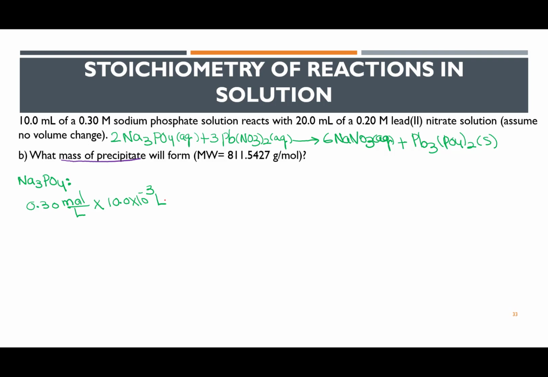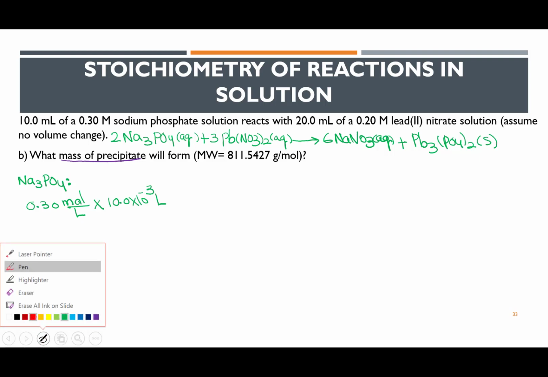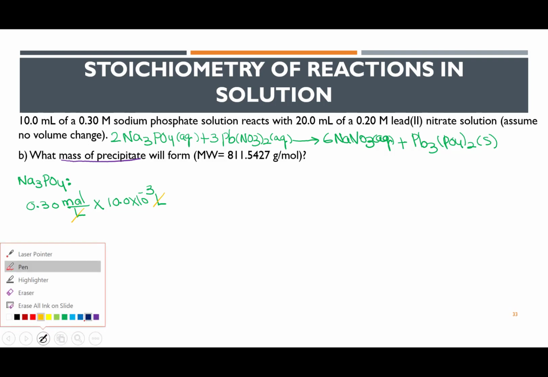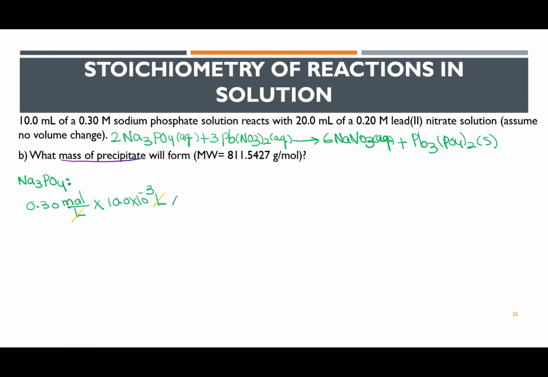The liter is going to cancel, and I will end up with moles of sodium phosphate. Now that I have the moles of sodium phosphate, I'm going to convert them to the moles of the precipitate.